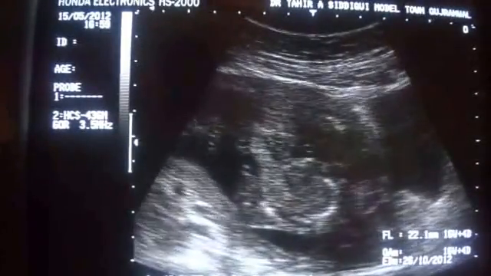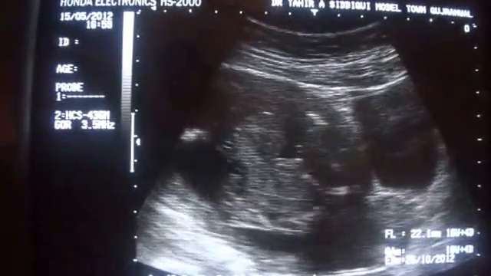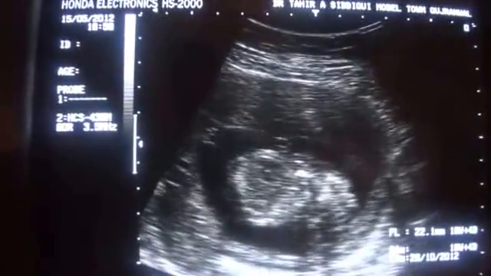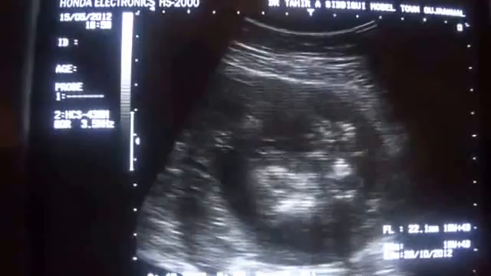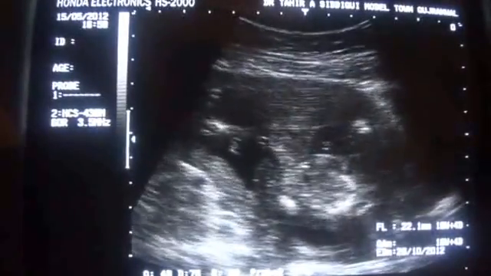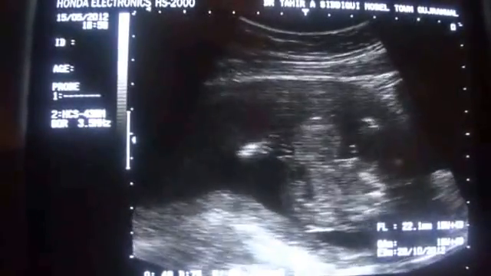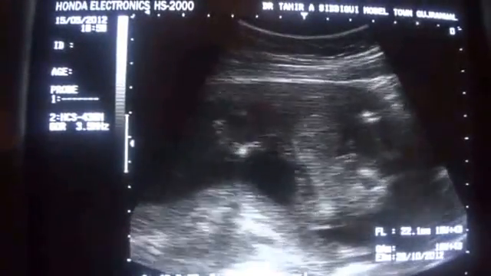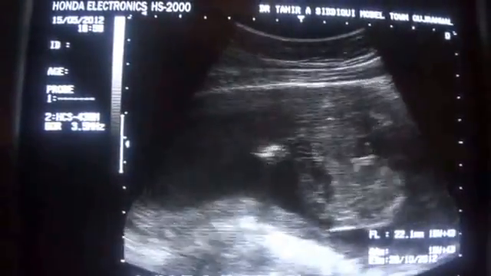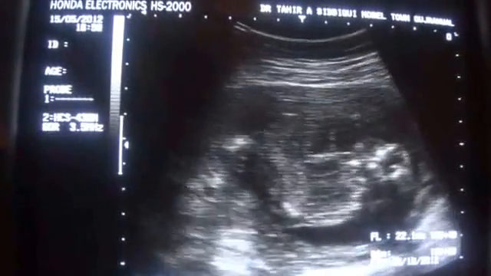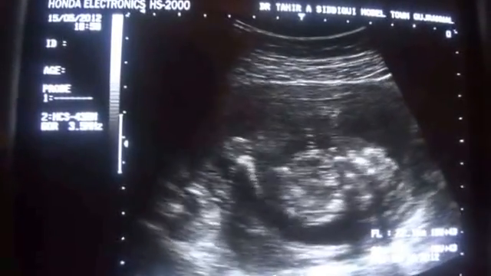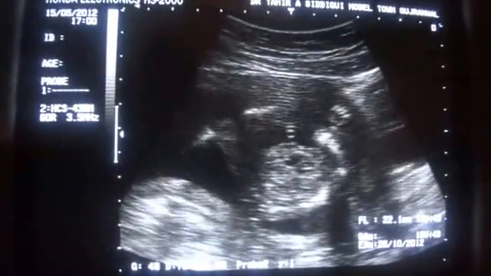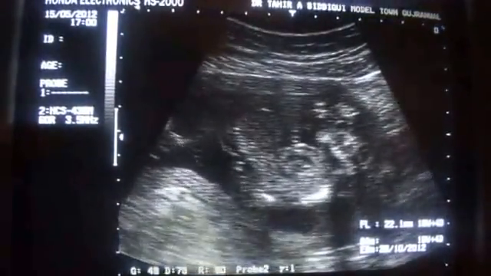And what we see is, we try to get the fetus in its total length, body of the fetus, then this is the measurement.